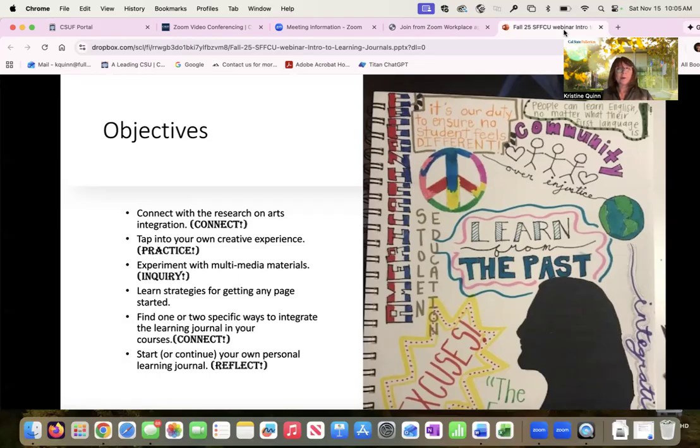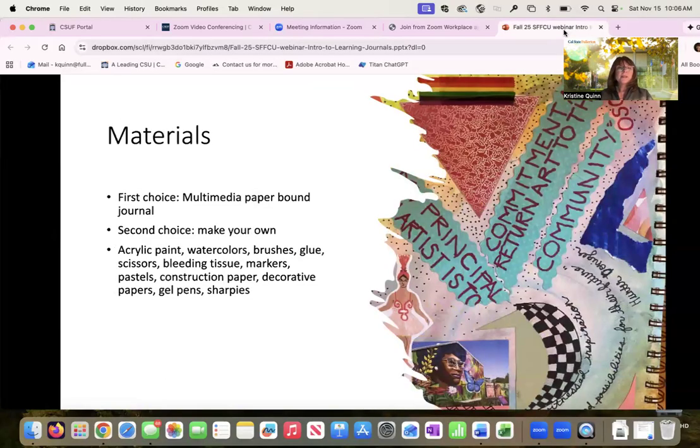That's the inquiry part, the experimentation. I wonder if. We want them to learn strategies for getting pages started in their learning journal. We want them to find one or two specific ways to integrate the learning journals into their courses and for you into your classrooms. And then we want them to learn how to start or continue a personal learning journal. And this part is the reflection part.